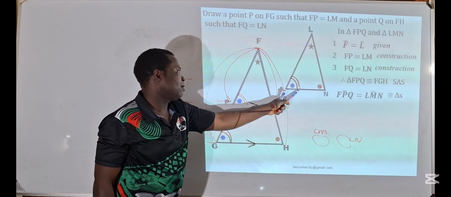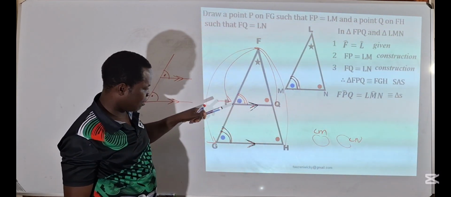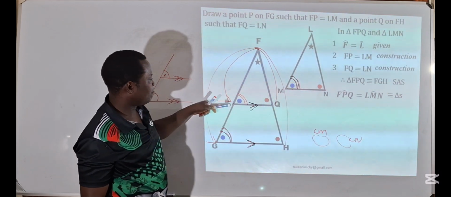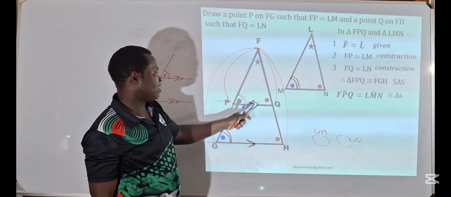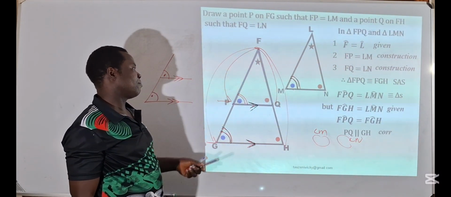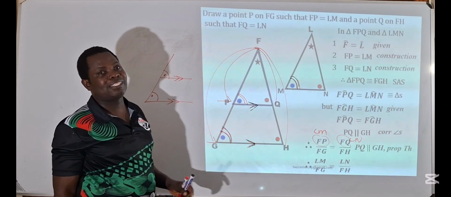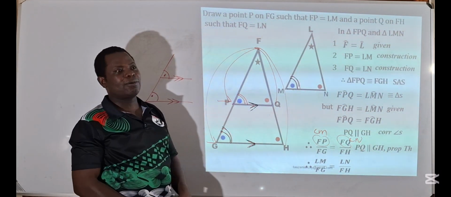So if angle M is equal to angle P, it follows that P is also equal to G. And if P is equal to G, it follows that PQ and GH are parallel to each other. And if they are parallel to each other, then we can apply the proportionality theorem to conclude our proof. That is the proof for the similarity theorem, which is the equiangular one.